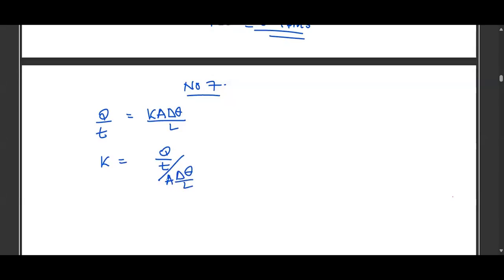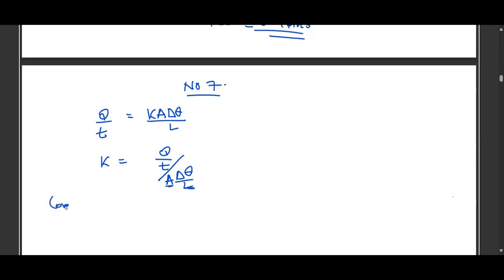A is always cross-sectional area. Delta theta is change in temperature. Then L is the thickness of the material, which is the same as temperature gradient.